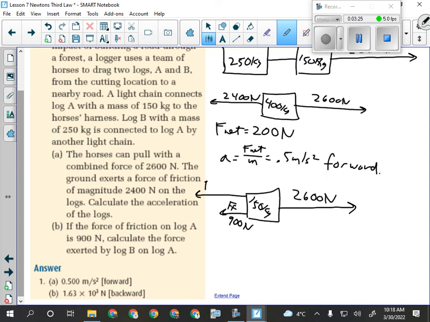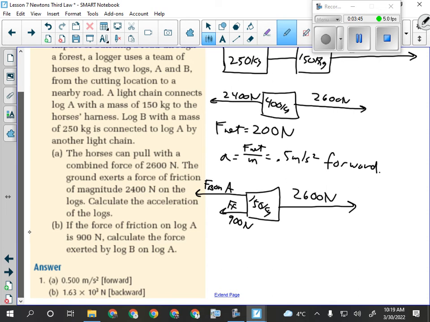So we've got the force of B on A, and that is what they are wanting us to calculate. Okay, they're actually wanting us to calculate the force of A on B, but that's okay because they're equal but opposite in direction.